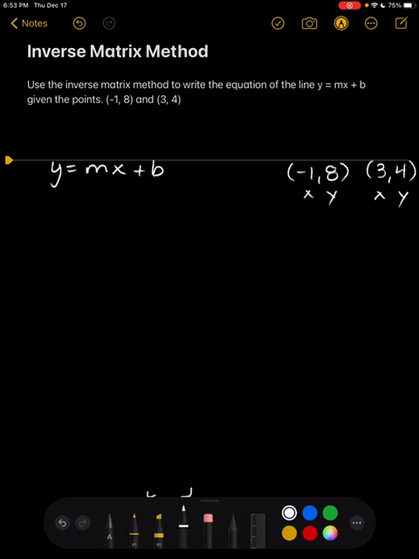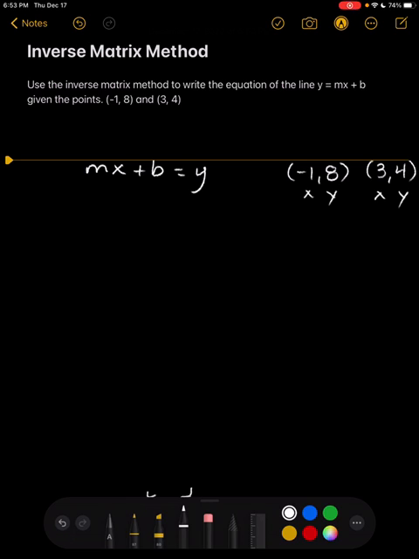So let's rewrite this equation using these x and y coordinates. But what I'm going to suggest is I'm going to move this y over to the other side. And you'll see why it's more pleasing to the eye when it comes to setting these up in matrix equation form. So let's substitute these into there. So we're looking for m and b. Y equals mx plus b is the equation we're trying to establish.